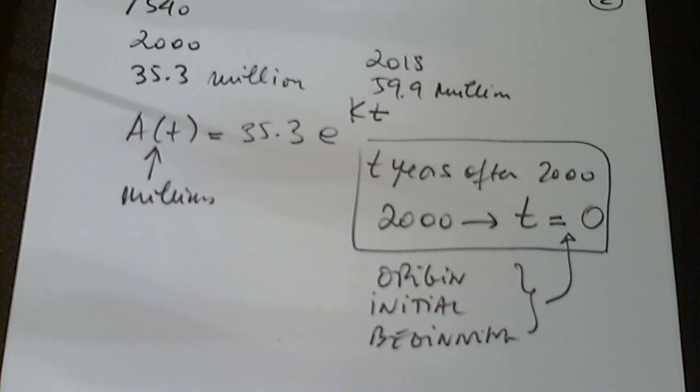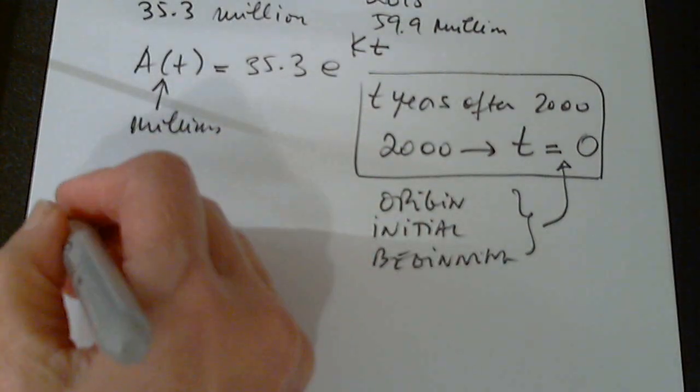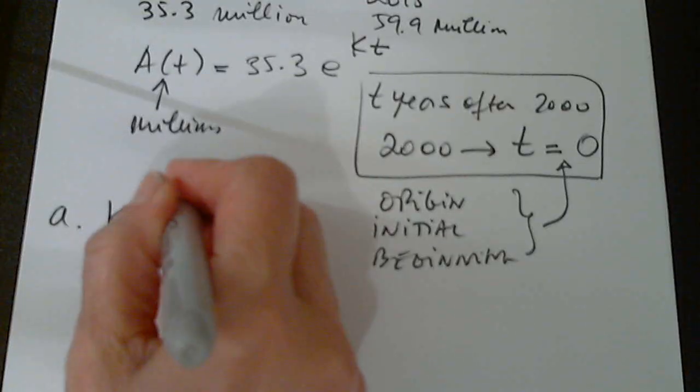Good. Find k. K is this constant in front of t at the power of e, which represents the growth rate. It says correct to 2 decimal places. So we are given some information, and in part A, we're asked to find k.